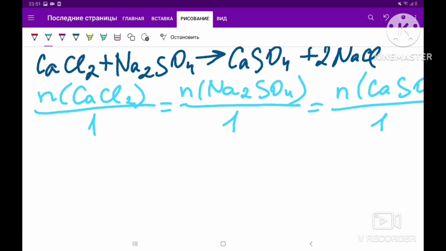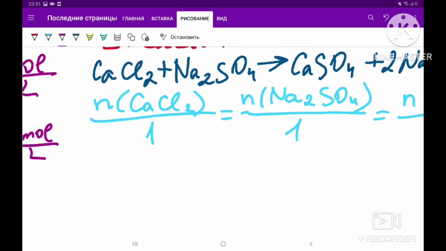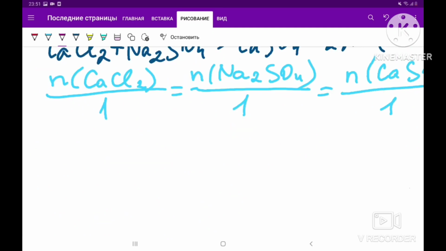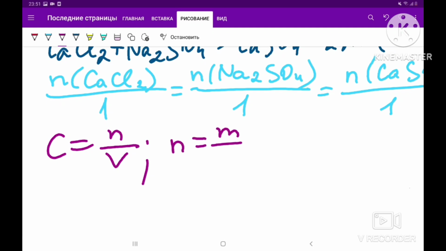So under this condition, they are in stoichiometric balance. Okay, now what can we do? We need to find the volume, and we need to find the mass. We have concentration. We can see that we have the molar concentration. Indeed, C equals n divided by V, and n equals m divided by M. These are the formulas that you have to know.